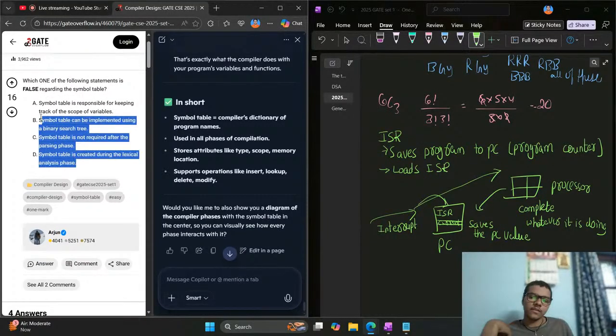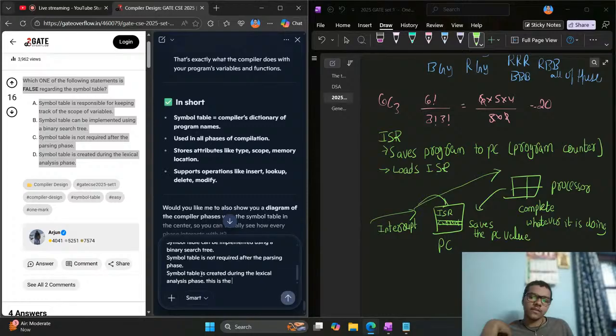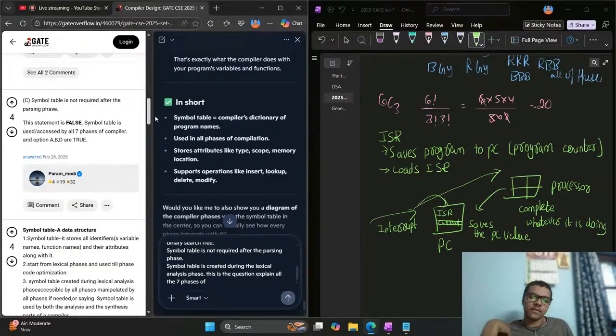Okay, can you read this question? This is that question. Explain the 7 phases of compiler.